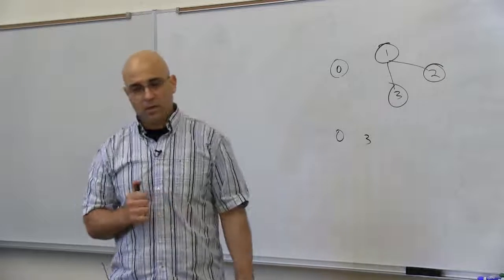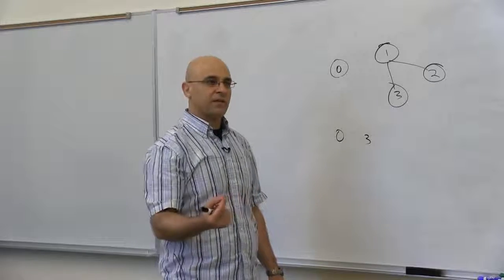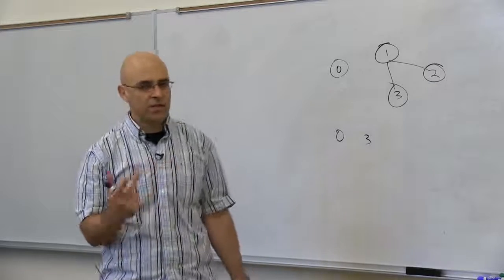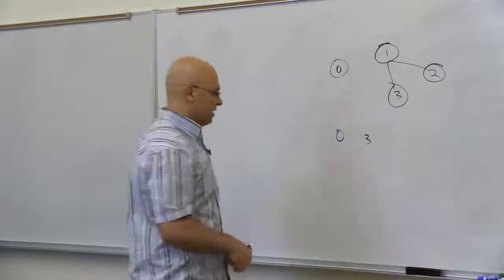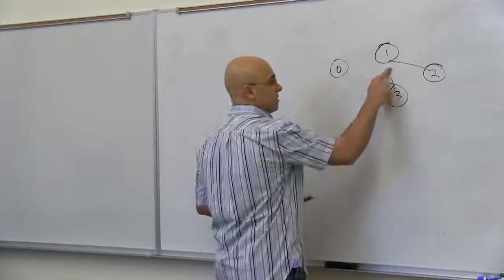Okay? Now, the last question we have to answer is that when I say, is there a path of length k between a pair of nodes? How do I check that? How do I check if there is a path? Let's now look at this graph here.